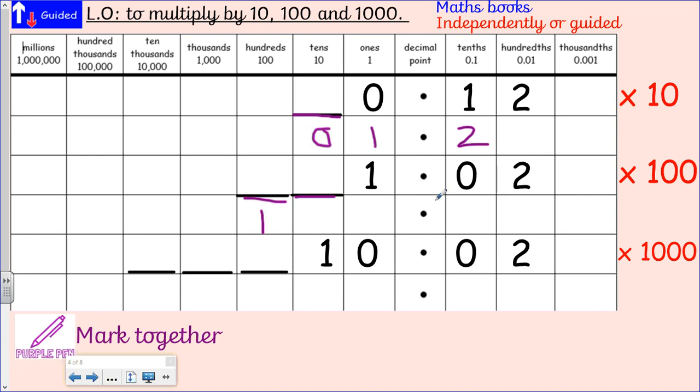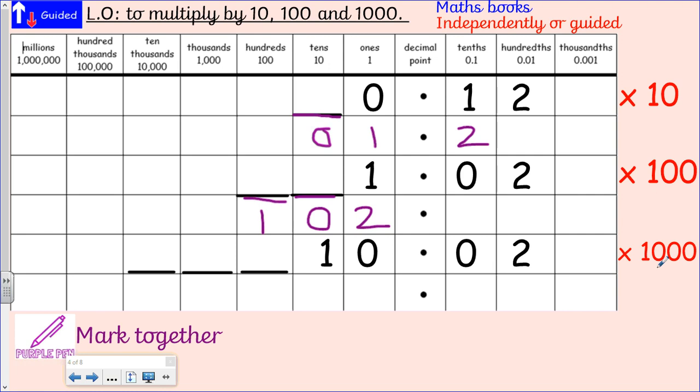It's just got to be. The 0 follows along, and then the 2 follows after it. 1, 2. You've got to get that 0 in. You can't ignore it. There's a digit either side of it. That 0 has to be there for our place value, okay? So 1.02 times by 100 is 102.